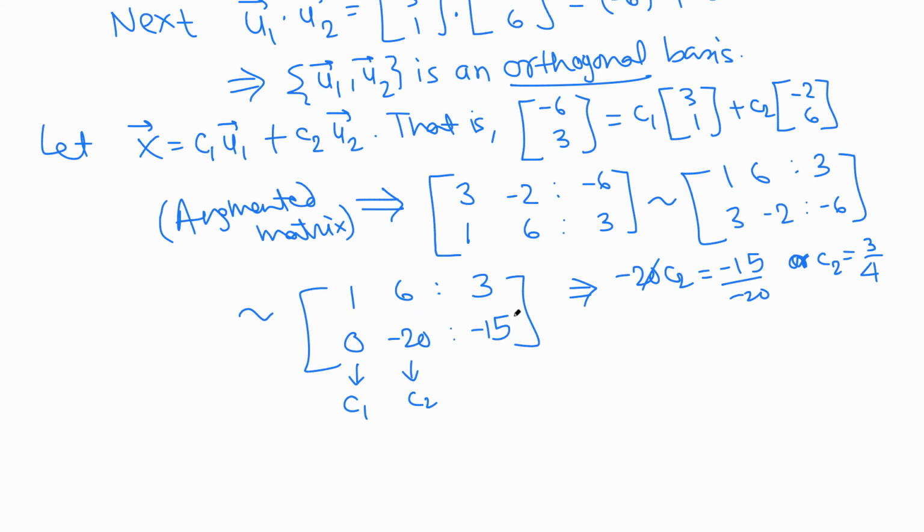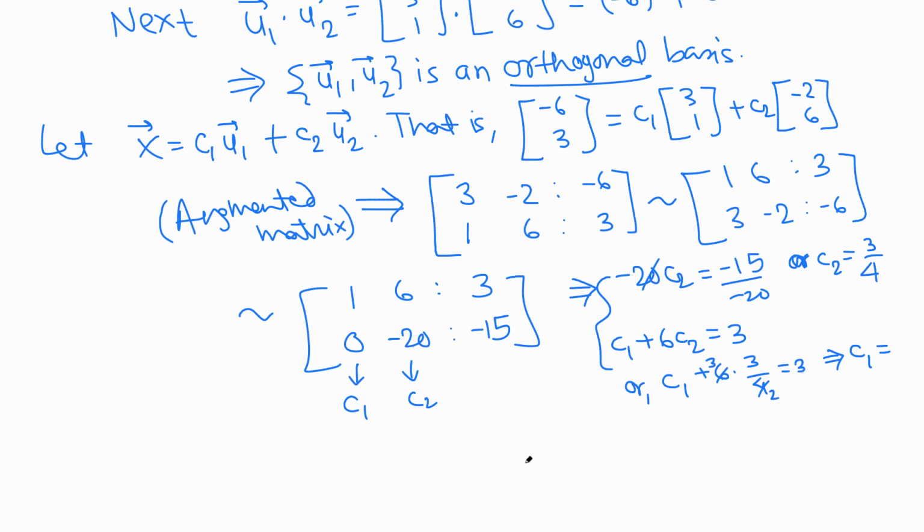Now from the first row we have c1 plus 6 c2 equals 3, so c1 is 3 minus 6 times c2, where c2 is 3/4. Six times 3/4 is 9 halves.